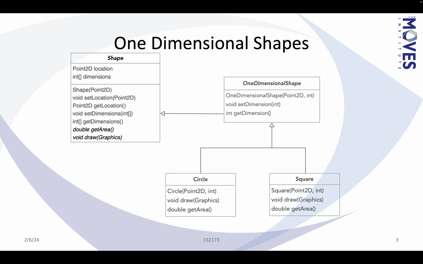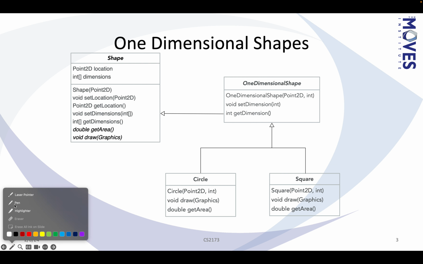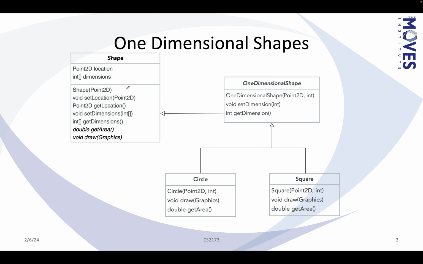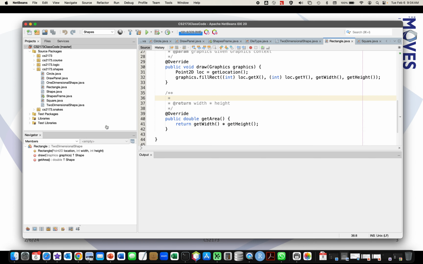Okay, so last time we had pretty much implemented this abstract class, and implemented the circle. We didn't do the square, but if you do a fresh pull on the class code, you'll see a bunch of stuff.